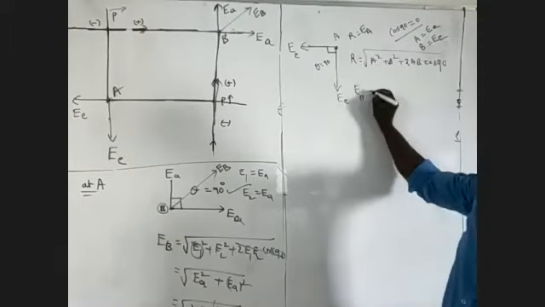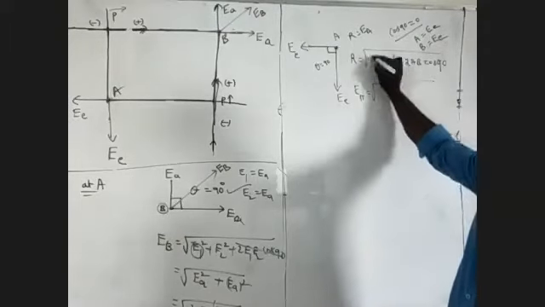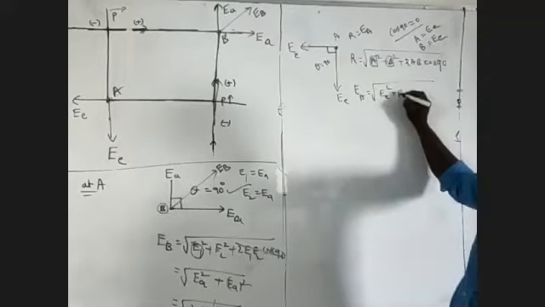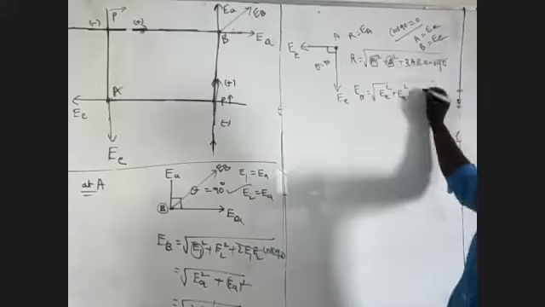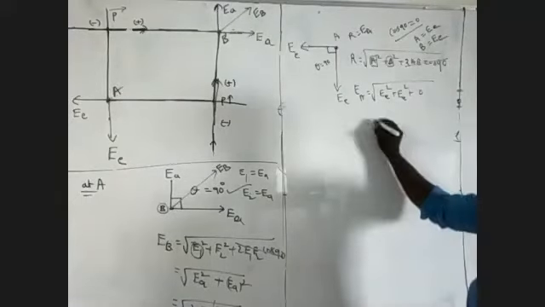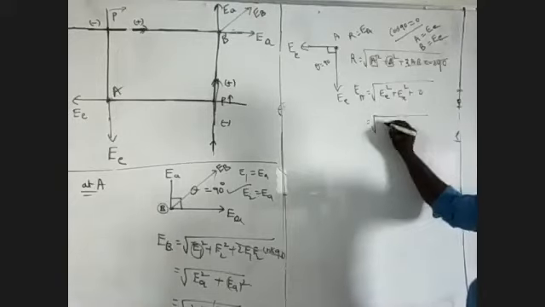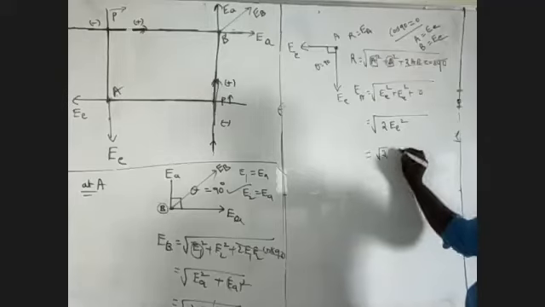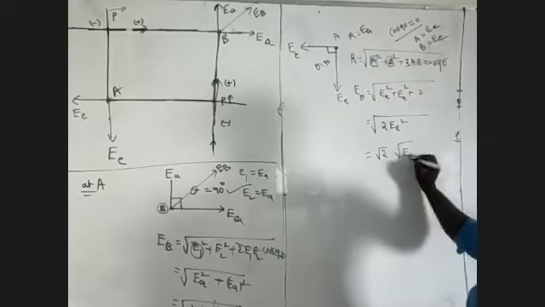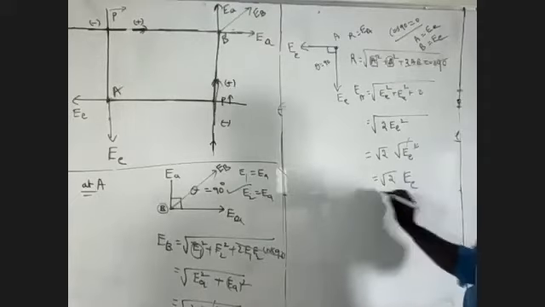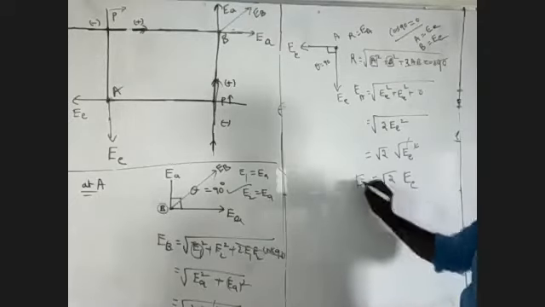EA is equal to the root of A square, which means E square, plus B square, which means E square, plus cos 90, which is 0. Now the root of E square plus E square is 2E square, that is root 2 times the root of E square. The square and root cancel. This is root 2 E. This is our resultant electric field at the A point.